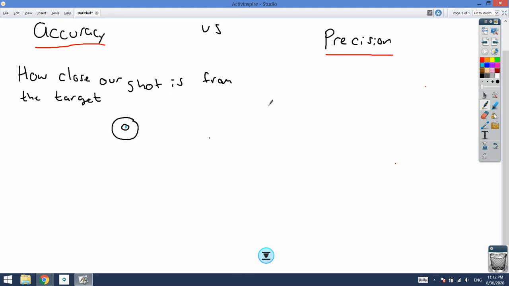Now, what does that mean for precision then? Well, precision has to do with a lot of attempts. It's used when talking about many attempts.